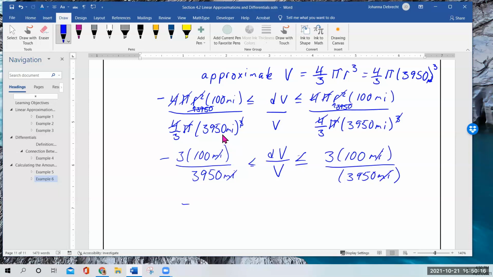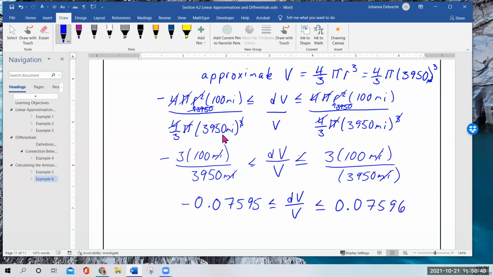Basically, we've got negative 300 over 3,950 on the far left. And that gives us, if I can see correctly, a negative 0.07595 less than or equal to dV over V, which is less than or equal to the positive of the same value.